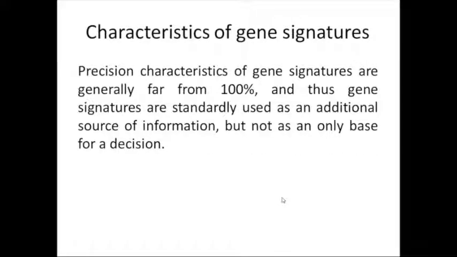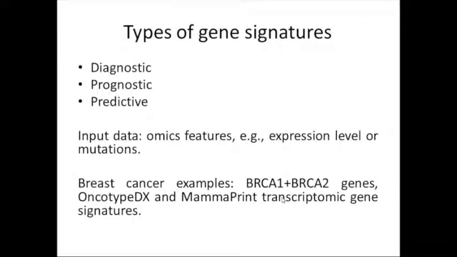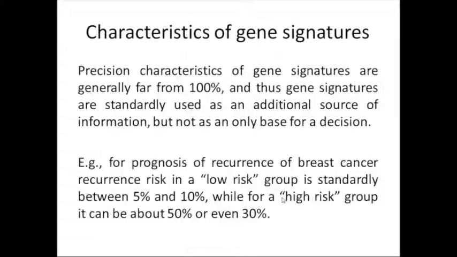Gene signatures generally have precision characteristics that are far from 100%. Mainly these are prognostic and predictive gene signatures that have relatively poor characteristics. Yet gene signatures are very important as an additional source of information for making a decision.